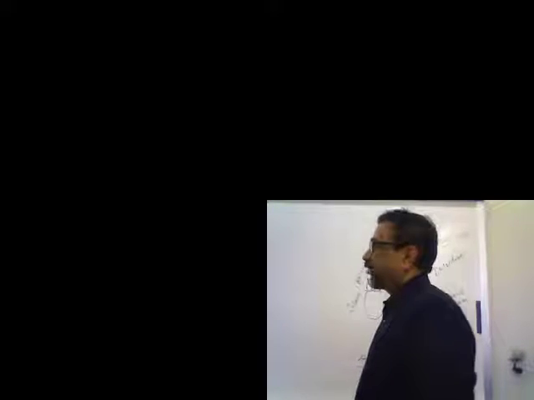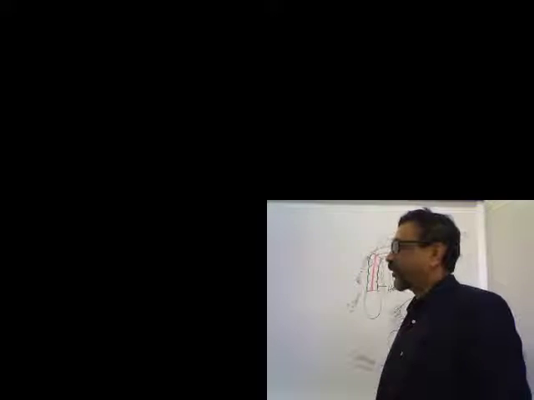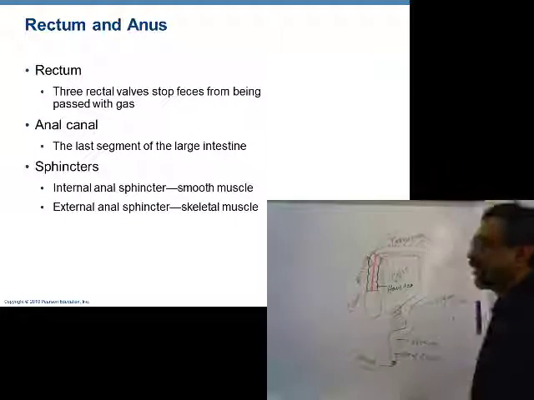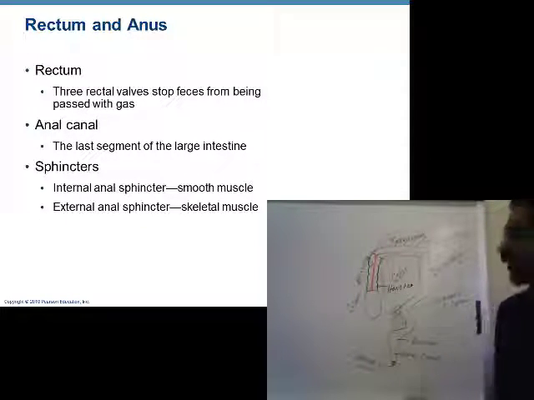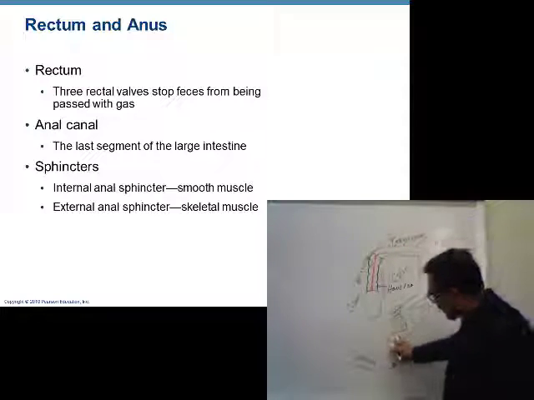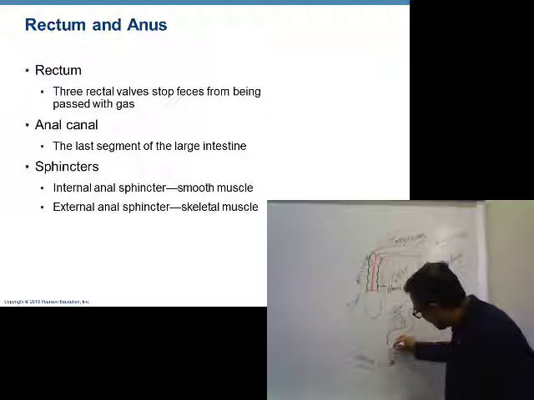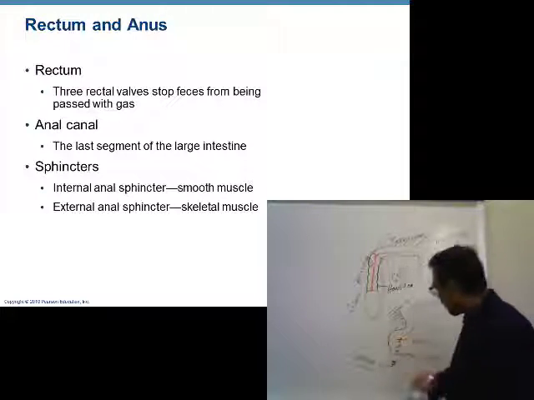And rectum. Inside the rectum, there are three valves that stop feces from being passed with gas. So when you see the model of the rectum, you see it kind of like this. There are three valves.